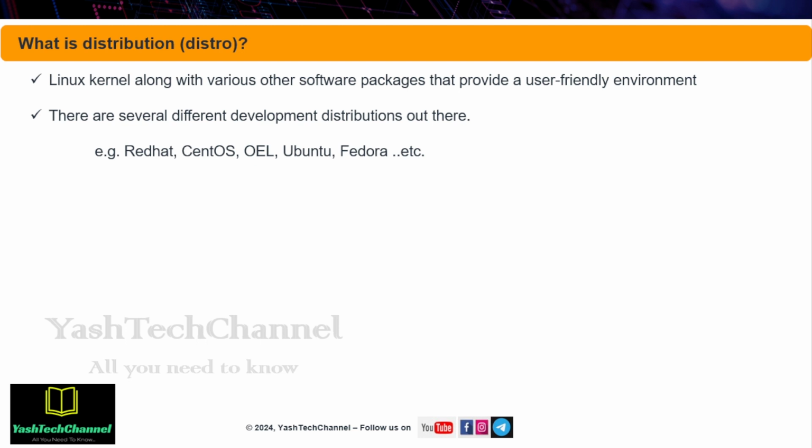Let's say if you are working in Oracle and supporting Oracle customers, then most likely they suggest OEL, which is Oracle Enterprise Linux. And Fedora, as I said, is a sub branch sponsored by Red Hat, so I don't see it in real world cases. I have seen only these first four OSs in real time.